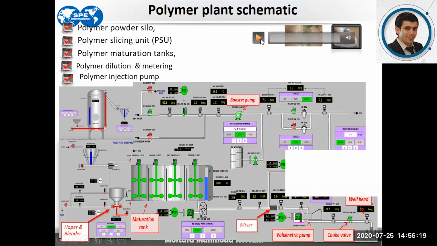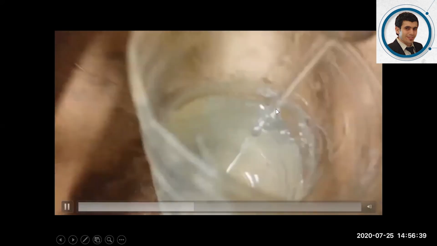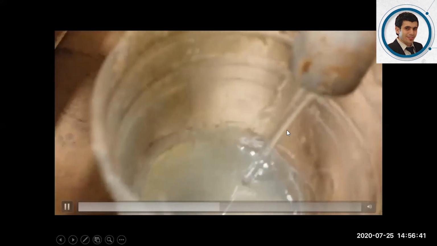This is just a short video showing what the mother solution looks like. So it's a sample of the mother solution. This is a solution of thousands of ppm viscosity that represents fairly hundreds of samples.